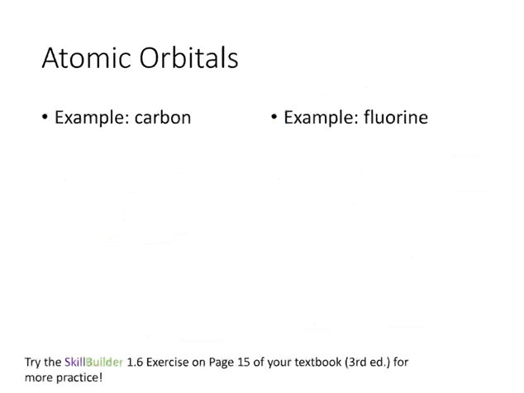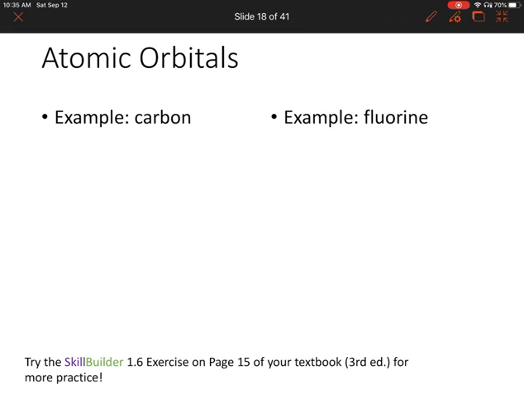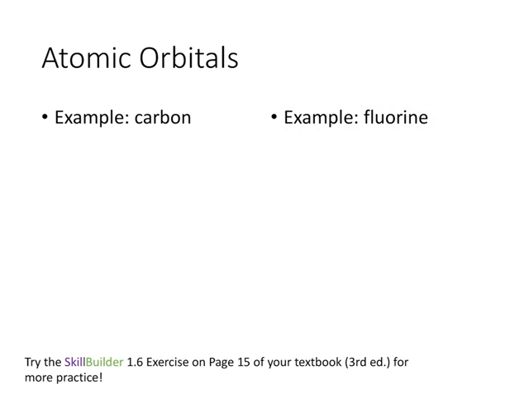So now let's actually fill in some orbital diagrams or energy diagrams for these electrons, now that we've reviewed some of the basics. So I'm just going to redraw that energy diagram from a couple of slides ago. And let's start with carbon. So if we're going to fill in this energy diagram, we first need to know how many electrons carbon has.